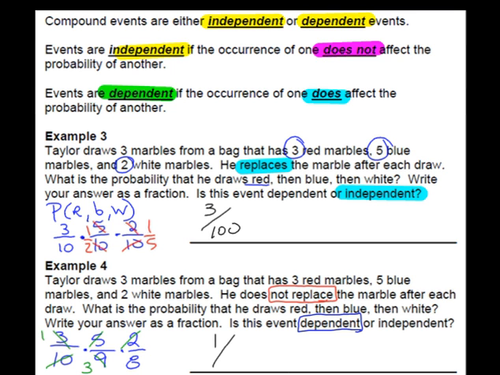My denominator, the only thing left is 3 times 8, so that is 24. So I have a 1 in 24 chance of picking a red, then a blue, then a white, if I pull one out and not replace it each time. Independent and dependent events. As always, pay attention to what you're doing, and good luck.